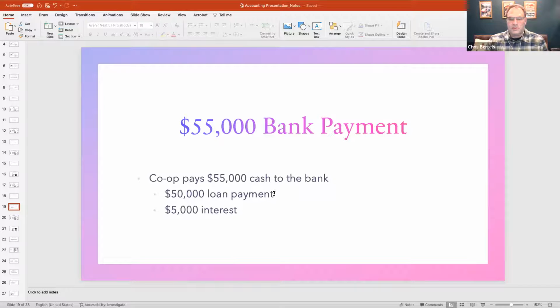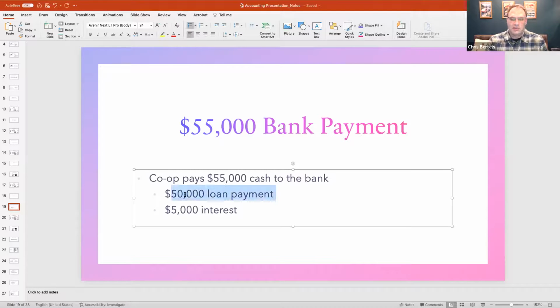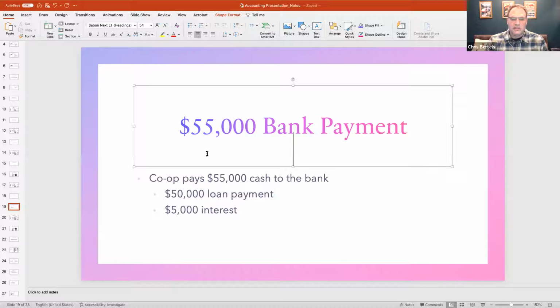And you often hear the term principal, like a principal payment applying to the balance of the loan. That's what I mean by this $50,000. So the loan's going to decrease by $50,000, and then the $5,000 interest is another part of the $55,000.